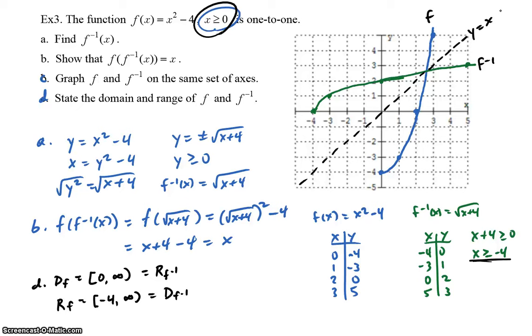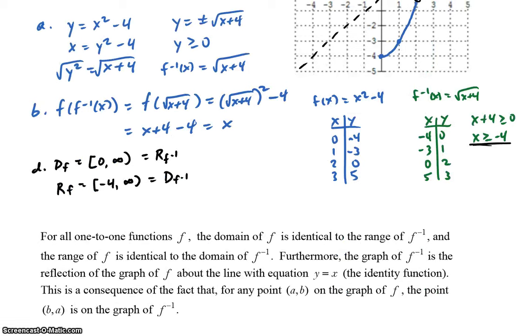In fact, we would say that the graph of f inverse is the reflection of the graph of f about the line y equals x. That's a consequence of the fact that we're interchanging the roles of x and y. We're swapping x's and y's, and that causes points such as this point and this point to be reflected across that diagonal line. So every point on the graph of f gets reflected across that diagonal line, and then that gives us the graph of f inverse. That's a consequence of swapping the x's and y's for all of the points on the graph.